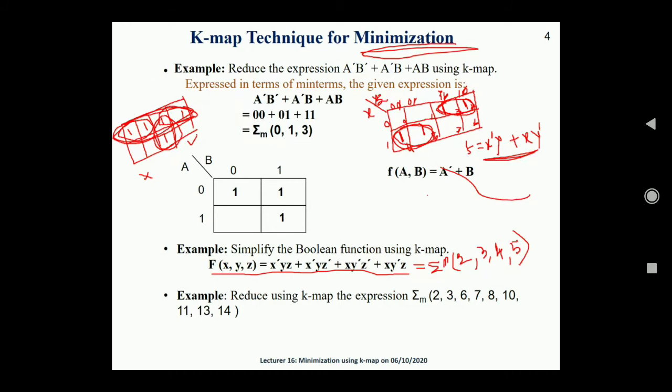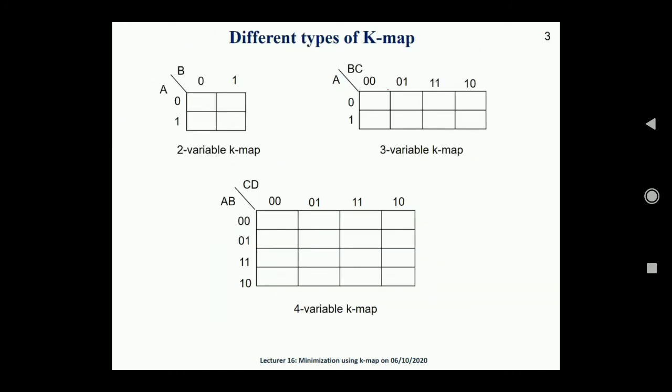Okay. Another important thing, always remember, see here, if you are considering this particular 0, 0, 0 and this particular 0, 1, 0, how many variables are different?